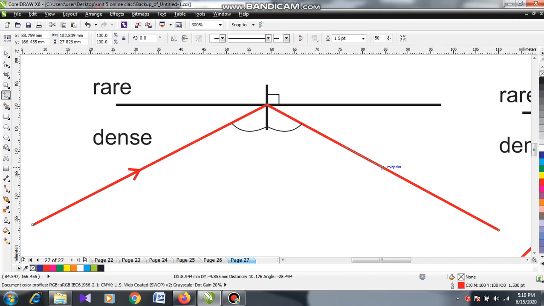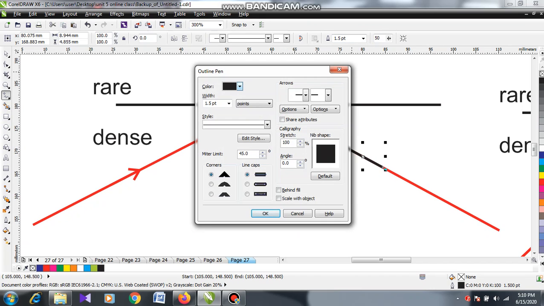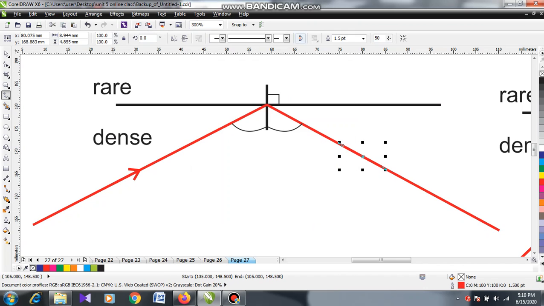This reflection is called total internal reflection. To perform total internal reflection, the angle of incidence should be greater than the critical angle, then only it will take place.